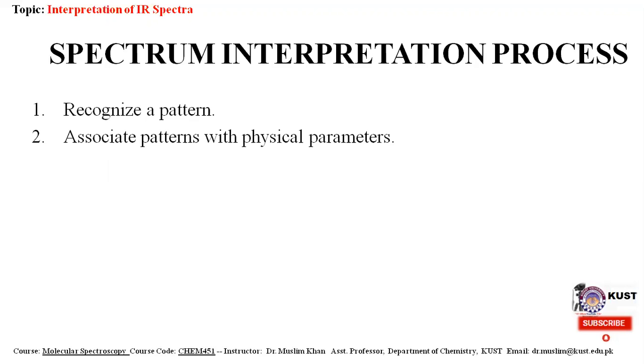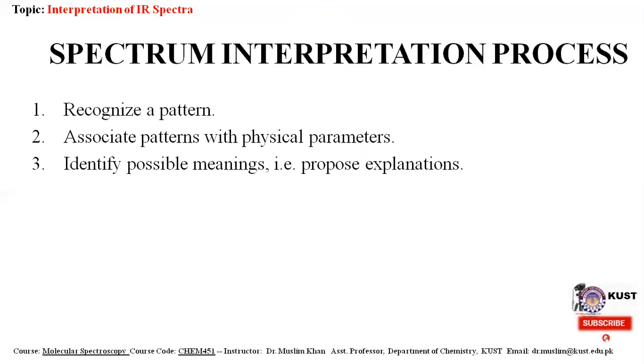And then identify possible meanings, meaning a purpose explanation. So what you want to extract from the spectra, then identify those possible meanings, what you want to extract from the IR spectra.